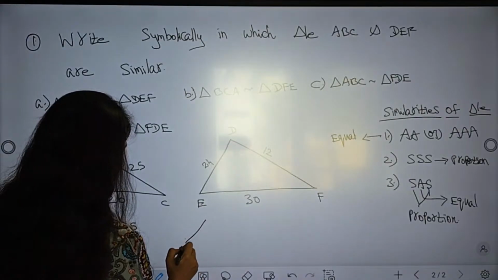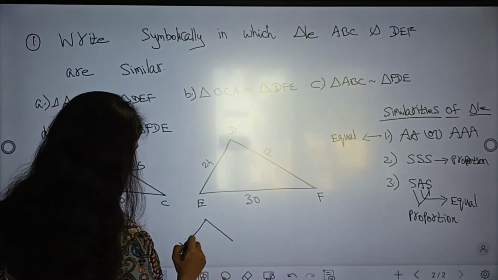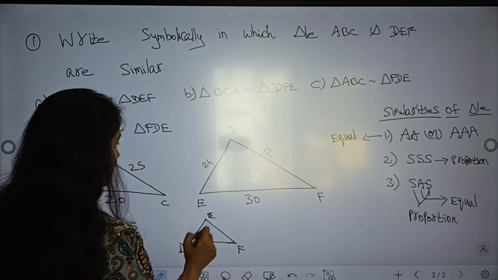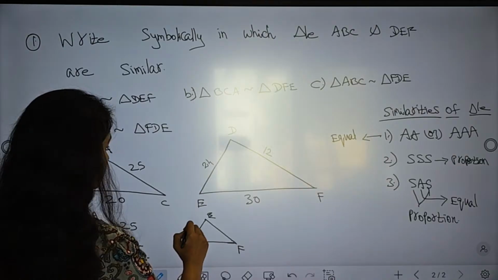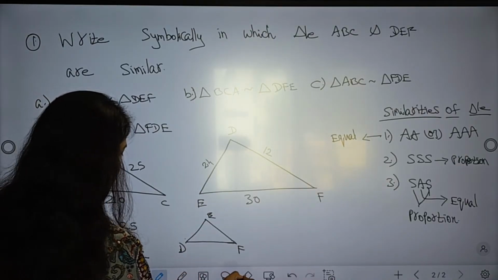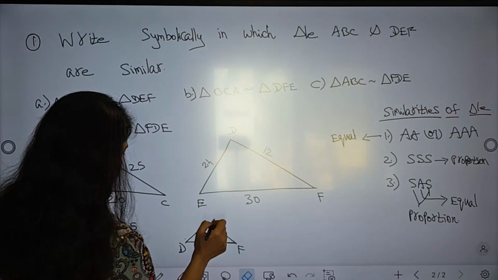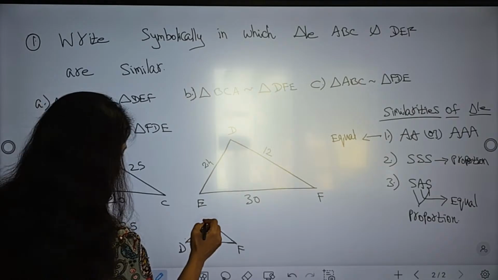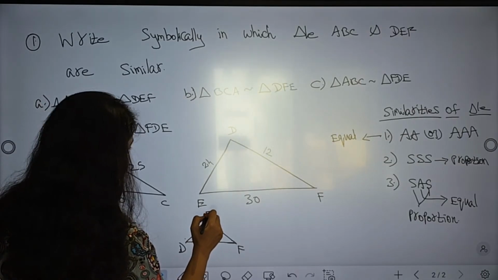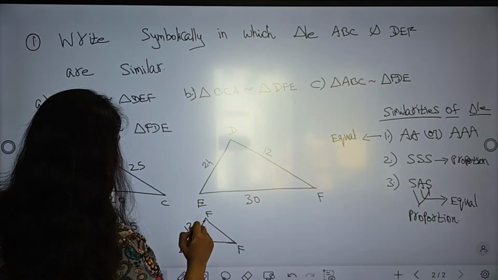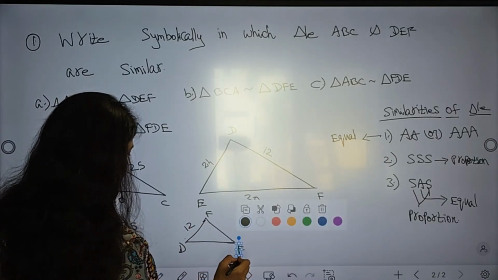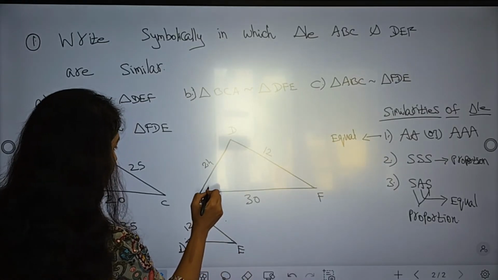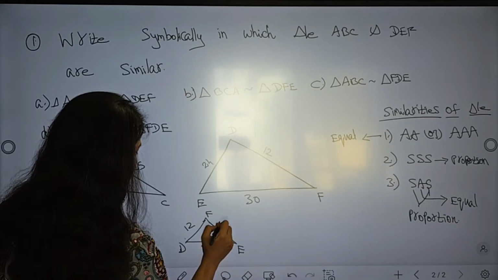In the second triangle, D is the common part, then E, then F. So DE is, okay, DF, it should be DF. DF is 12. DE is 24. Then this is 30.